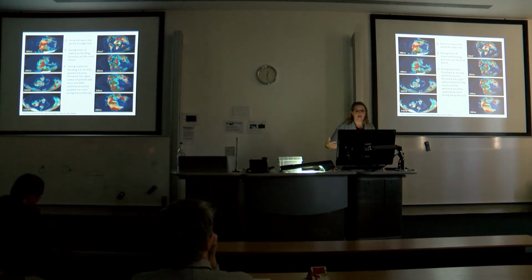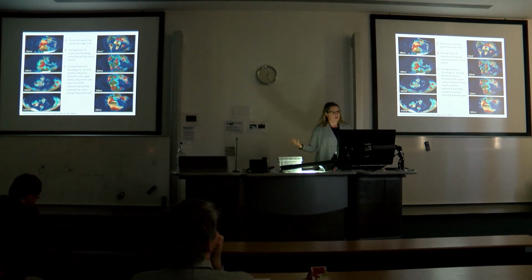So during times of maximum flooding, you have the greatest extent of estuarine space, and you have times when we've had ice-free worlds. We don't necessarily see a latitudinal gradient to diversification, so we're looking into that a little bit more, and that will hopefully be forthcoming.